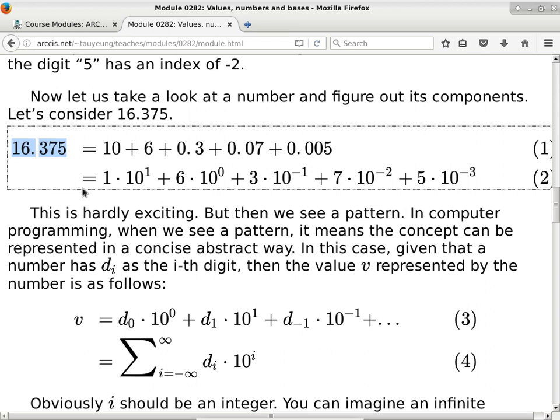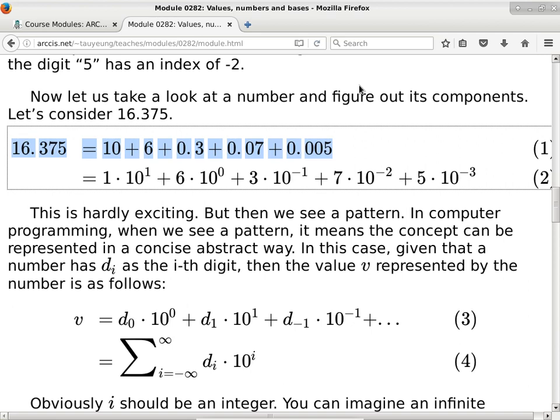Okay, so I'm breaking it up into its components. It is 10 plus 6 plus 0.3 plus 0.07 plus 0.005. Does anyone have any questions or anything to say about the first line of this particular equation? No questions, right? I mean, if you ask any middle schooler, they can tell you that.